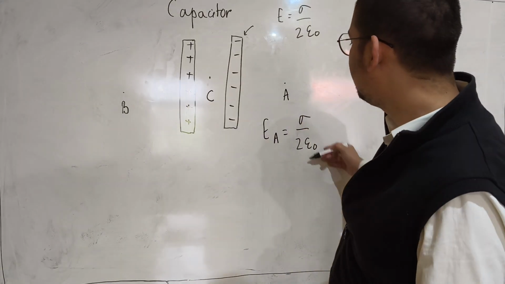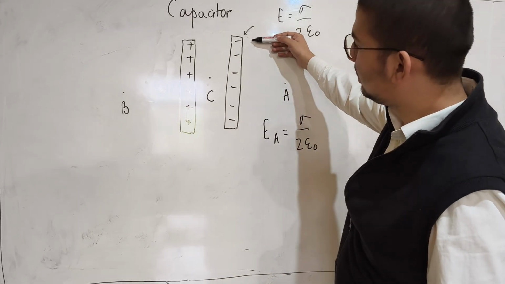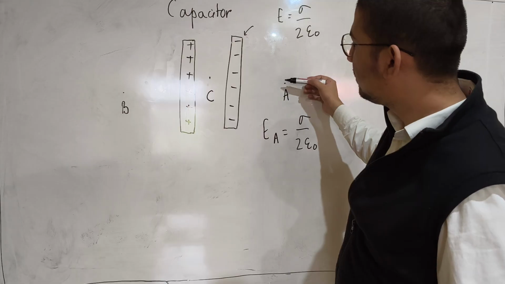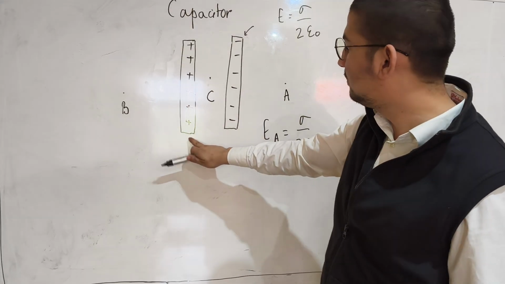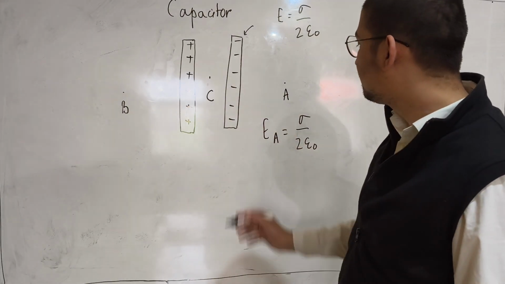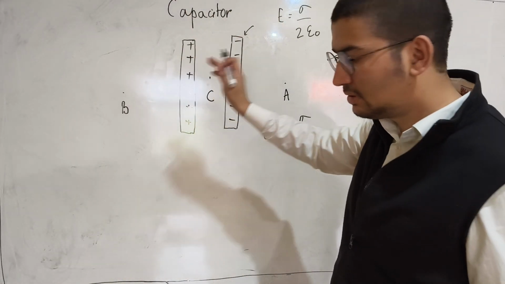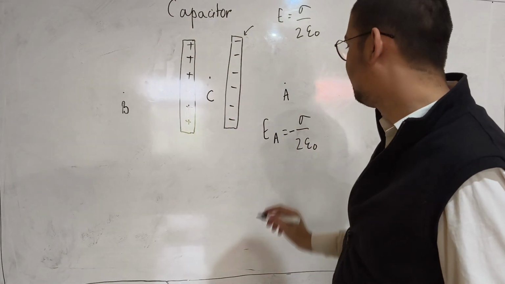So at point A you have this much electric field due to the negatively charged plate. At point A you also have electric field due to the positively charged plate. If the electric field is sigma by 2 epsilon naught, it's directed towards the left. To show it I can use minus here.